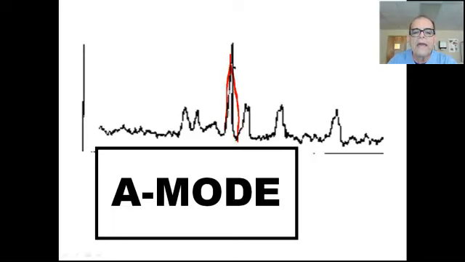In other words, A mode records directly the amplitudes of the echo and puts it on the screen or on paper in a form that is similar to the electrocardiogram. This is called deflection. If you know the distance from here to here, you know the distance of the structure that produced this echo. A mode does not produce pictures. A mode is a record of only one pulse.